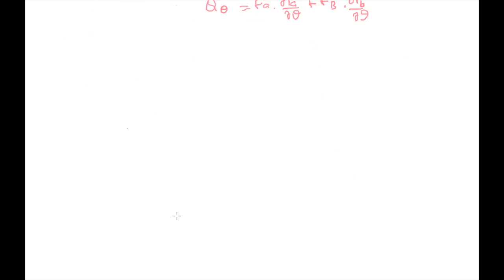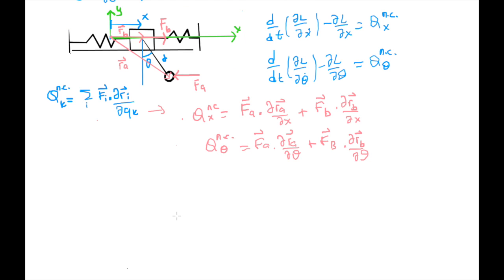Okay, so let's go down a little bit. Let's write Ra and Rb. We have actually calculated them before because they happen to be the positions for these particles, but they don't have to be in general. So let me just calculate them. It's easy.